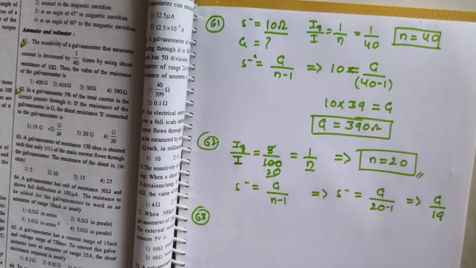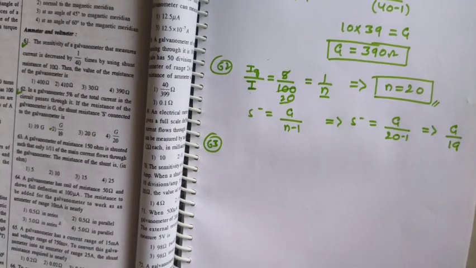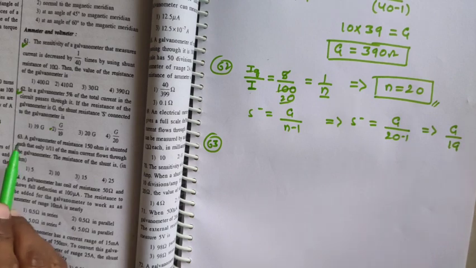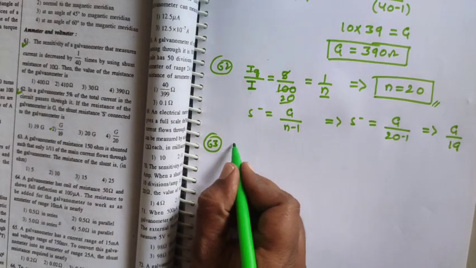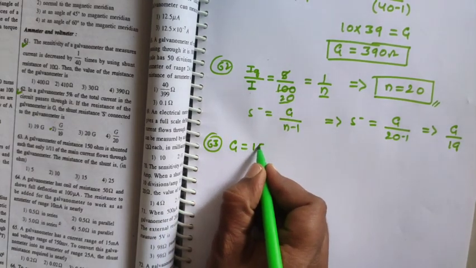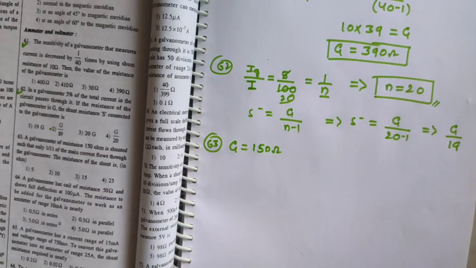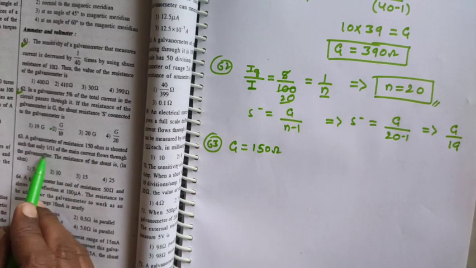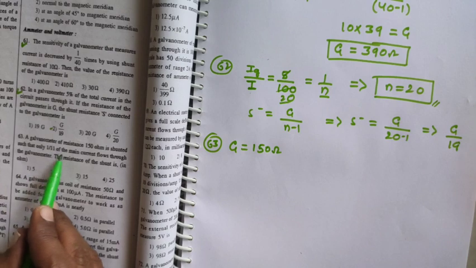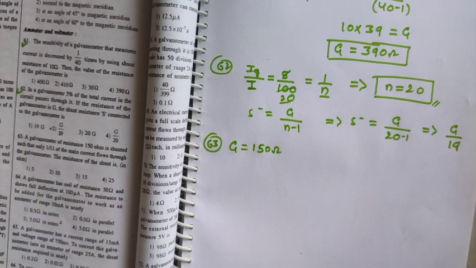Next we'll look at the 63rd one. A galvanometer of resistance 150 ohm, that means G value, let me consider as 150 ohm here, is shunted such that only 1 by 11 of the main current flows through the galvanometer.